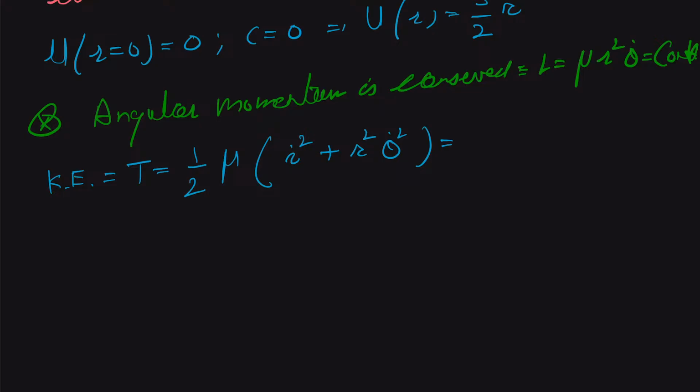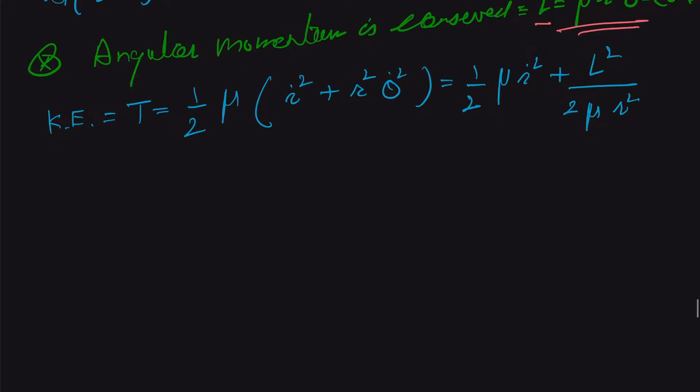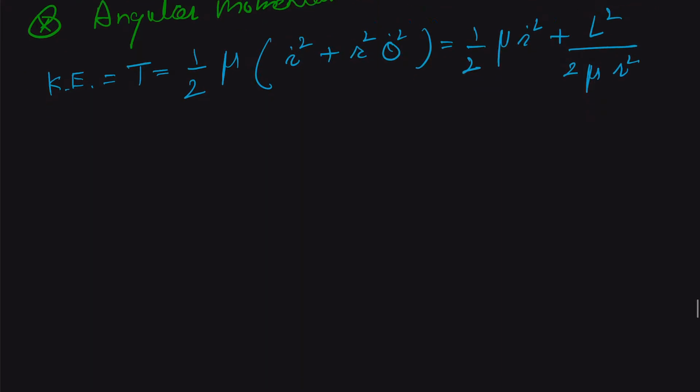And we can just open it, we can write this as half mu r dot square plus L square upon 2 mu r square. Here we have used theta dot in terms of L, substitute it, and we get the answer.